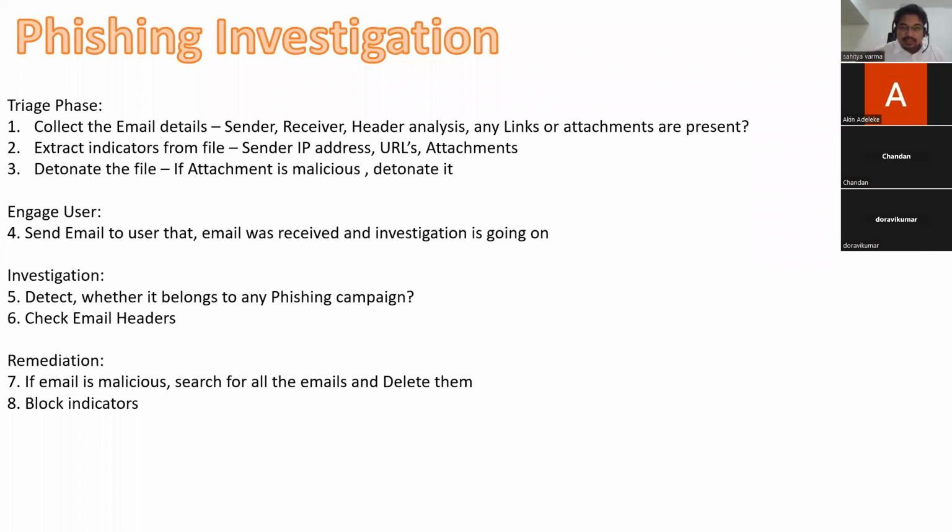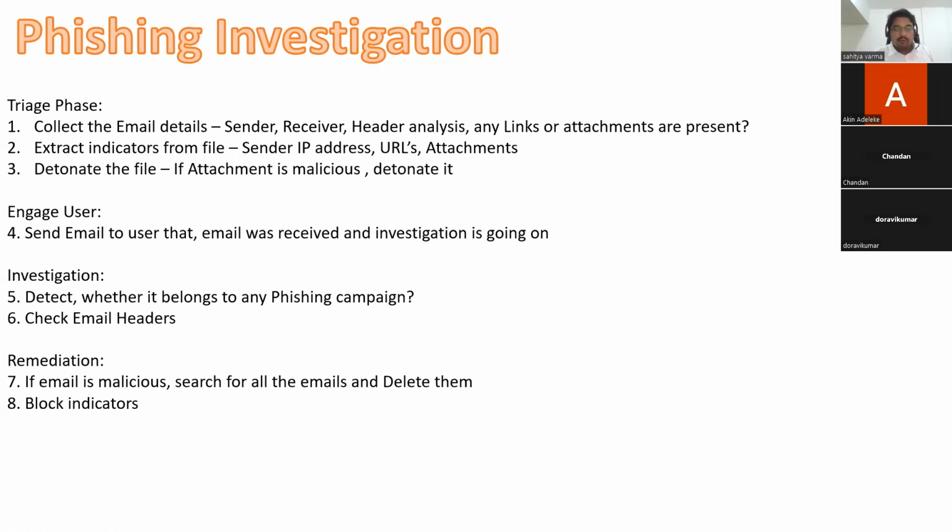We will verify the sender email address with the subject in our environment: who is the attacker, and how many emails he has sent. If he has sent the email to multiple members, then we have to repeat this step for each and every user. And at remediation, we will block the URL. If required, we will delete all those malicious emails from the inbox.